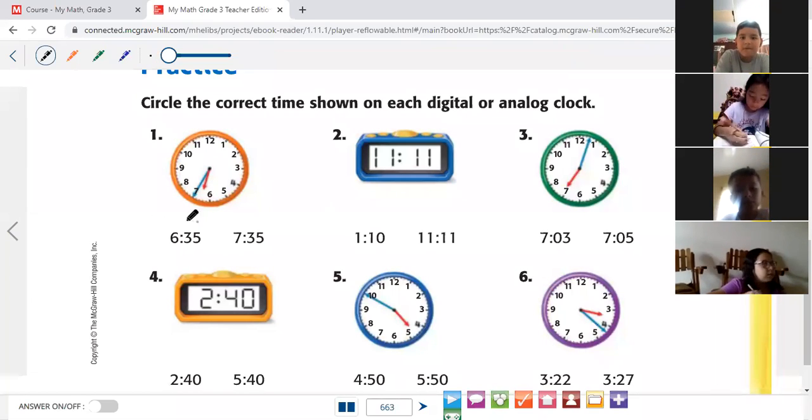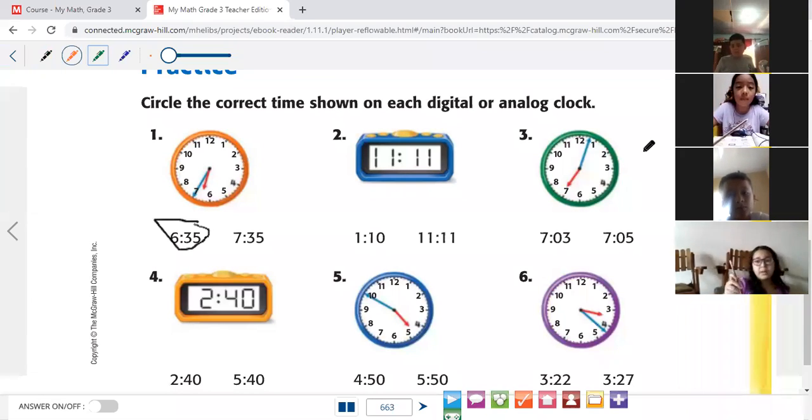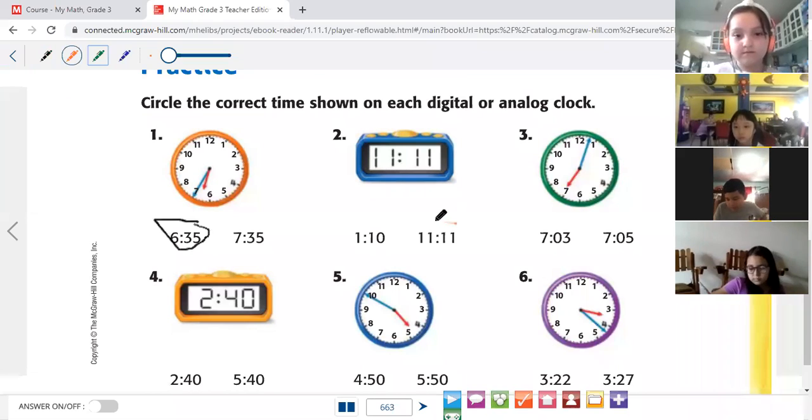So circle 6:35, okay? Now, number 2 is much easier. Leah, would you like to help me with number 2? Turn on your microphone, Leah. What time is it? 11 and 11. Yes, it's 11:11, so circle number 2.